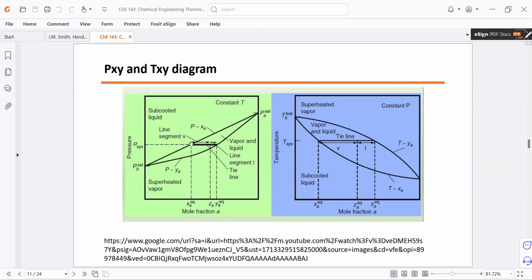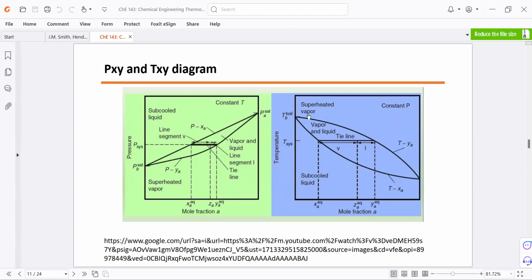So to get the mole fraction of A in the liquid, the PX line, you have to use the tie line to trace that, and you will get XA, which is the equilibrium composition of XA, and then for the vapor, it's on the opposite end. Okay. At the region below, you have the superheated region.